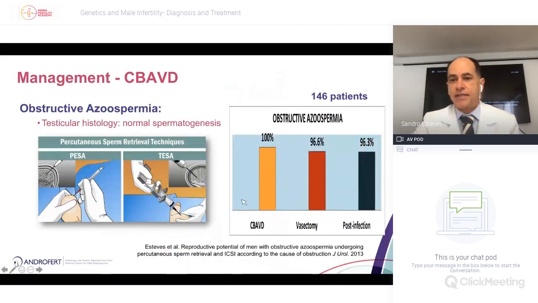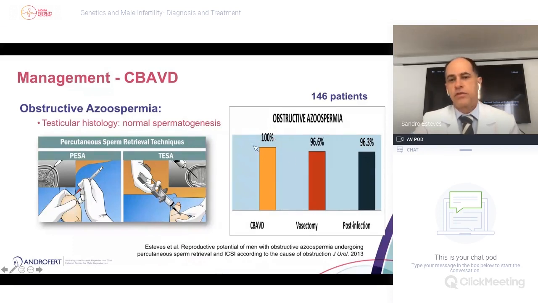As you can see in this right graph from a paper we published, we look at sperm retrieval success rate according to different phenotypes. We have CBAVD, post-vasectomy and post-infection, all these categories of obstructive azoospermic patients.